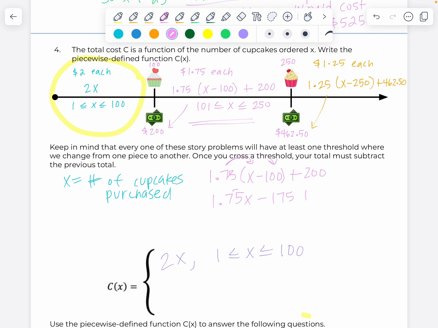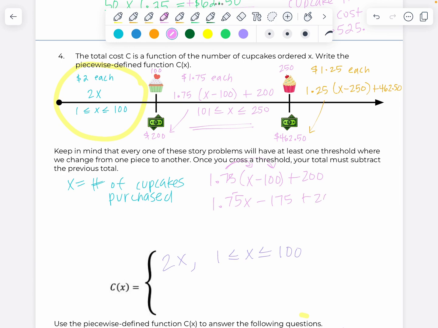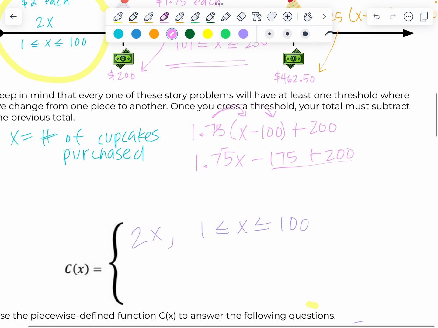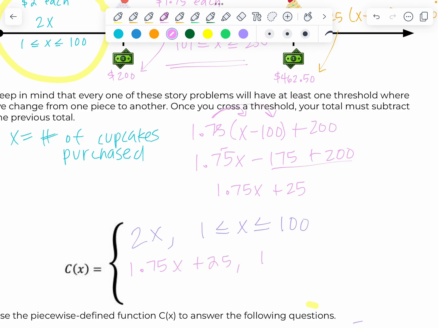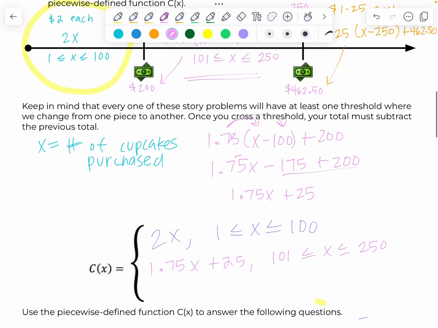And then we still have this plus 200 out here. So when we combine negative 175 and positive 200, we get 1.75X plus 25. So that's going to be our function for cupcakes 101 through 250.